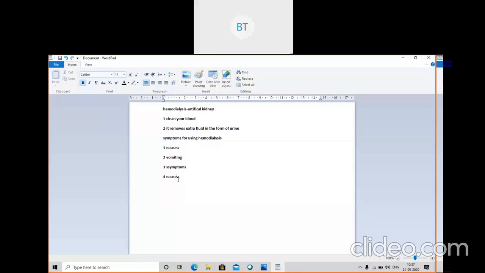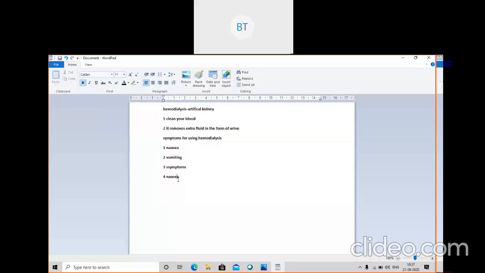Dialyzer means removing the waste product, and it is used to clean our blood. So with the help of that special filter and dialysis machine, our blood will be cleaned. And what will the doctor do to do all these things?